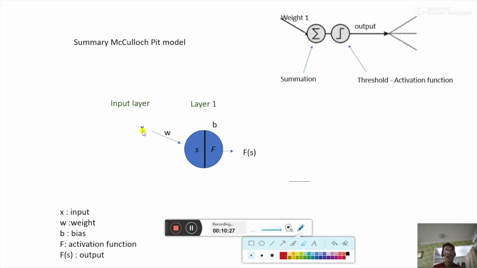Now with this one, in a bit more detail, let's say X is the input. Input means, remember just now I said inputs come from your eyes, from your ears, from your mouth, or from other senses, skin, kidney, and all those things. So in this case, the input is in terms of numbers.